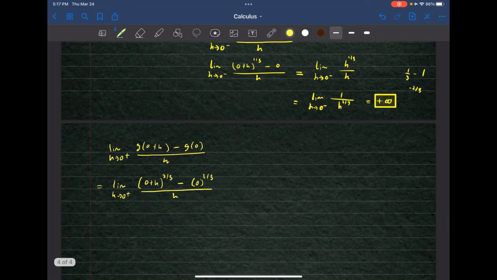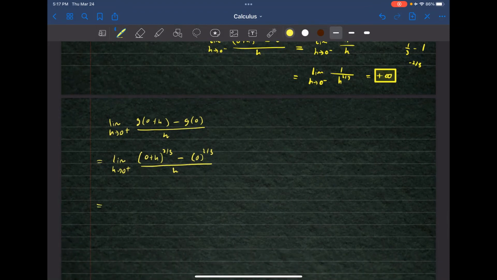And then here I can simplify this like we did before. This is the limit as h approaches 0 from the right, h to the 2/3 minus 0, or we can just ignore that part, all over h. And then of course you simplify the exponents, so you do 2/3 minus 1, which would be negative 1/3.